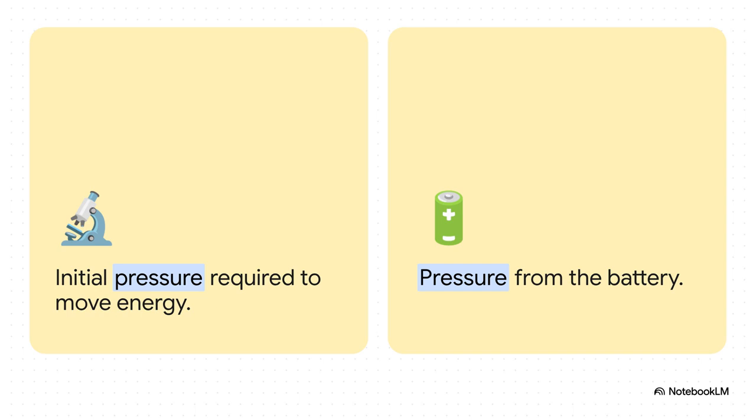But on the other, we have Commander Energy's physical experience of it while inside the board, identifying this voltage simply as the pressure coming straight from the battery. And here's the key. In the logic of bond graphs, this pressure acts as the effort variable. So whenever you think of voltage in this framework, just think of the battery's pressure and categorize it strictly as effort. It's essentially the spark that gets the whole shebang going.